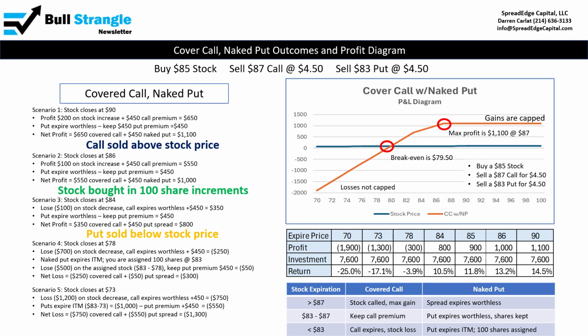Between $83 and $87, we keep the call premium, and the put expires worthless, and we keep the shares. And then below $83, the call expires, the stock loses, but the puts expire in the money, and we are assigned 100 shares. So those are all the possible outcomes that can occur.